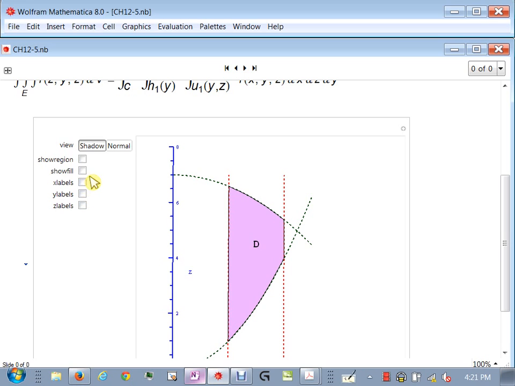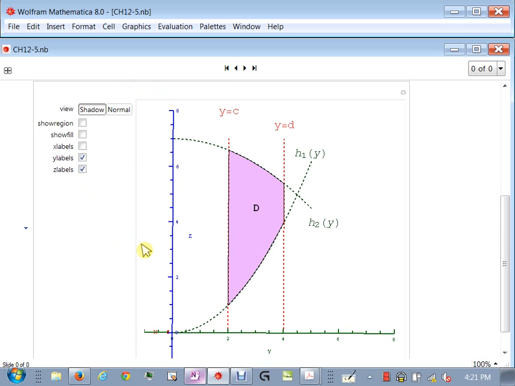Look, if I show you the labels, because this is the YZ plane, right? The YZ plane, your Y is stuck between two constants. Your Z is stuck between two functions of what? Y. And then your surface is stuck between what?